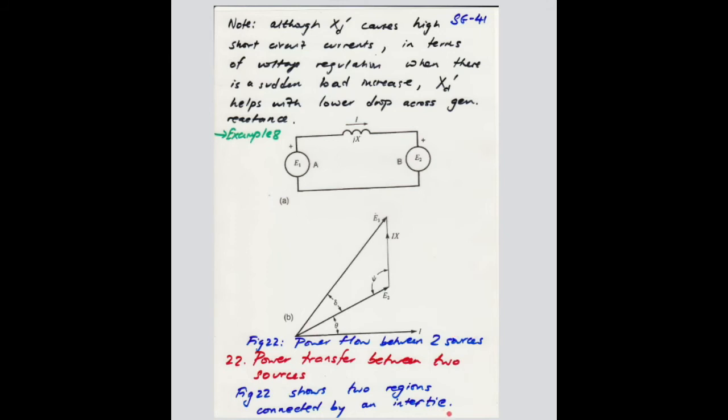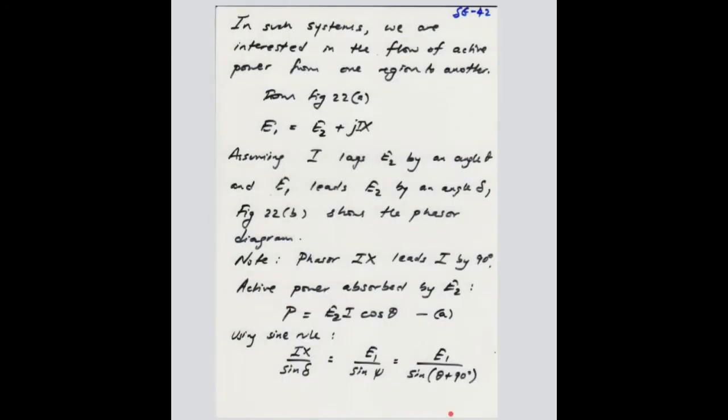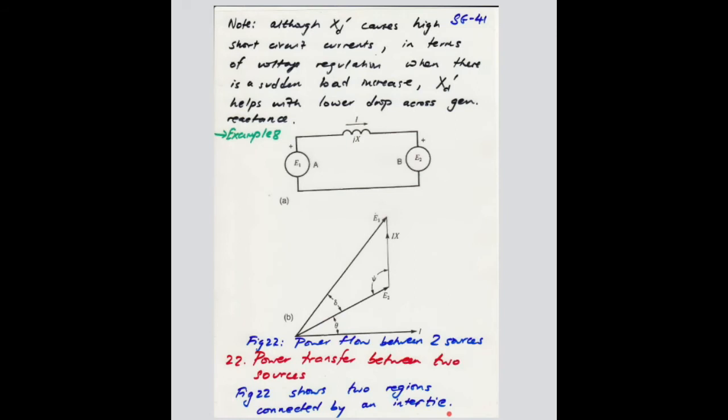If you look at the phasor diagram of figure 22A, let's look at this phasor diagram here. As I said, we have a certain magnitude here. For region A, the magnitude of the voltage is given by E1, and the magnitude of the voltage for region B is given by E2, right?